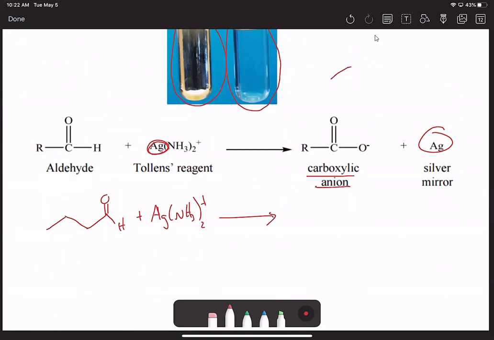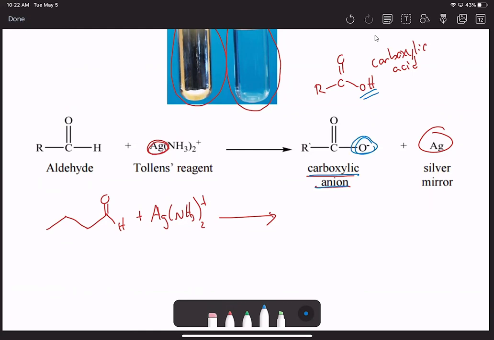This is a carboxylic acid, right? This is a carboxylic anion because we don't have the hydrogen there.